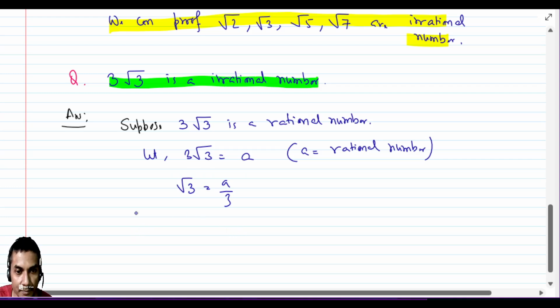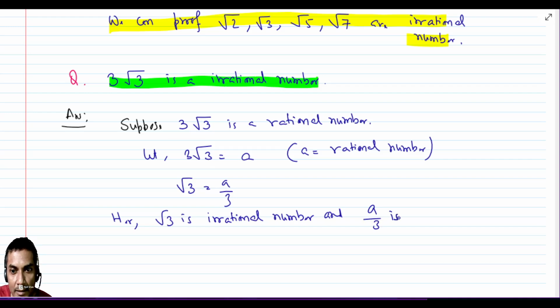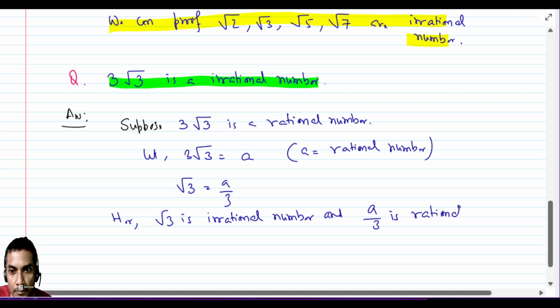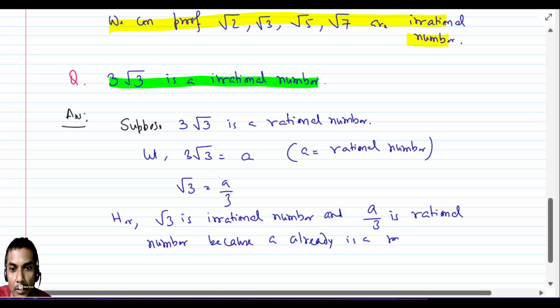So on the left side, root 3 is an irrational number, and a by 3 is a rational number, because a already is a rational number.